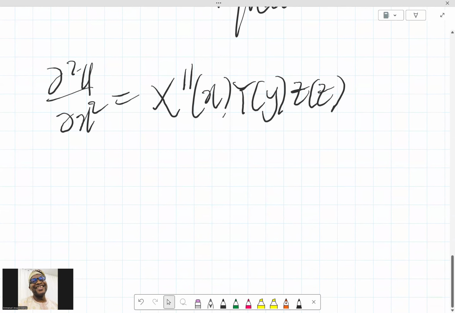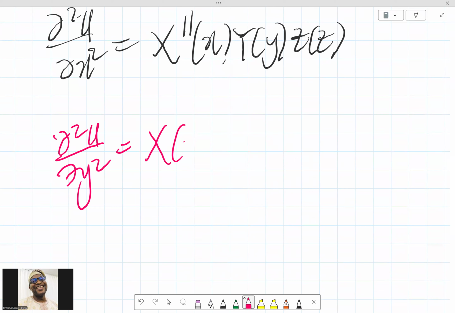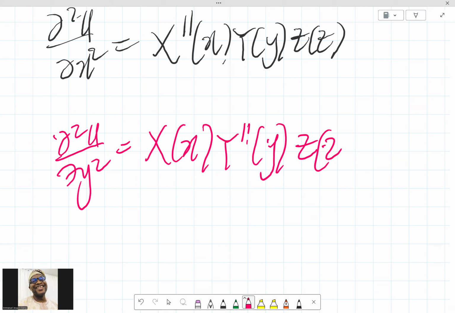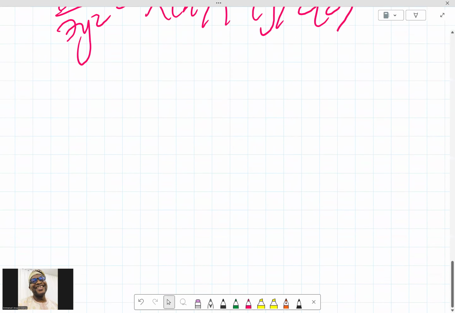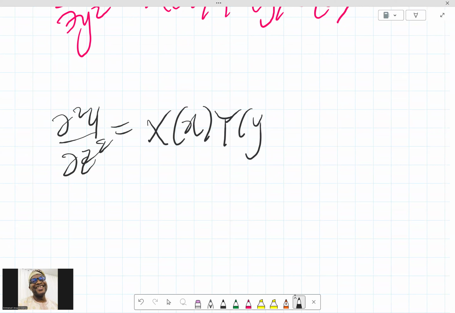On the other hand, partial squared u partial y squared will be X of x, Y double prime of y, Z of z. And lastly, partial squared u partial z squared will be X of x, Y of y, and Z double prime of z. That's big Z up, small z down.